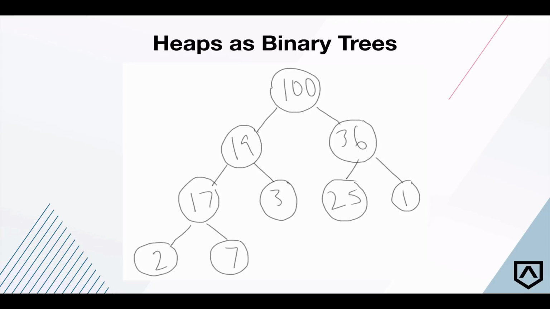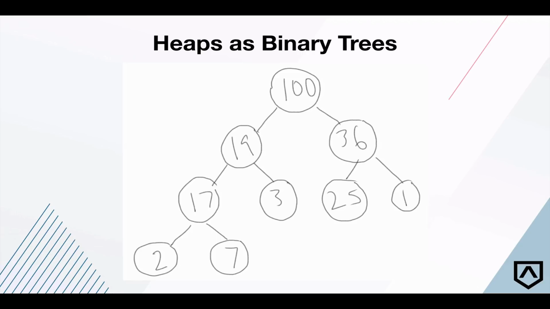So again, in this case, we're building a max heap. So long as the children nodes' values are less than the parent nodes' values, then we're good. And we can see that from this tree diagram here. We have 100 at the top, and both of its direct children, 19 and 36, are less than 100, so our rule is satisfied.